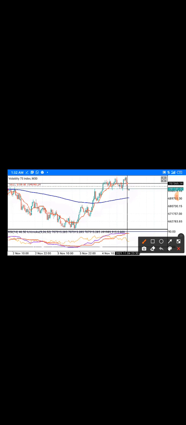This is what I mean by exhaustion. The buyers are getting much weaker here, they are not able to take this market up. So we are expecting that there will be a heavy drop down.